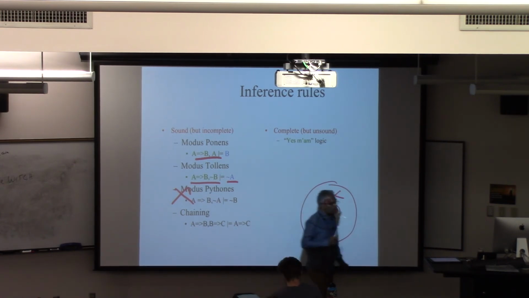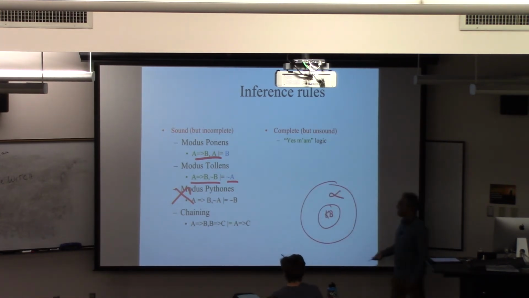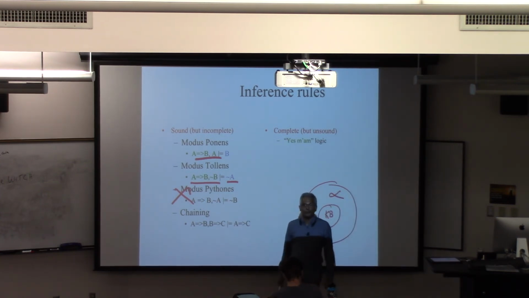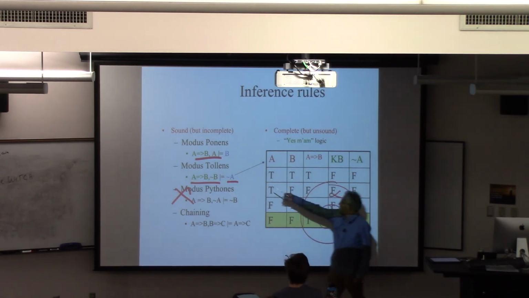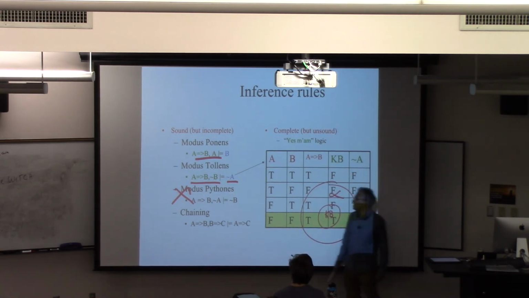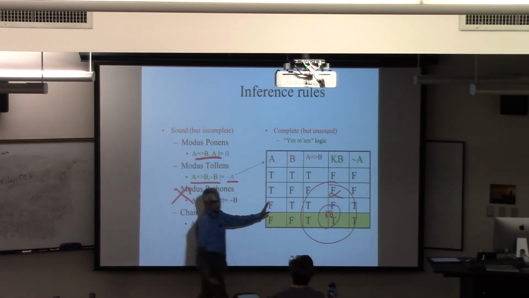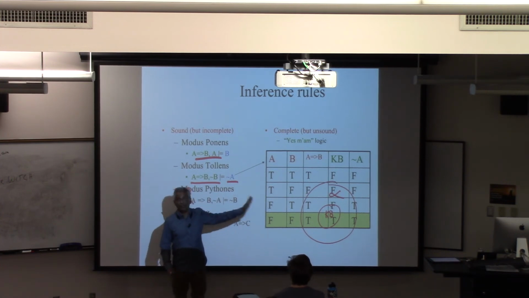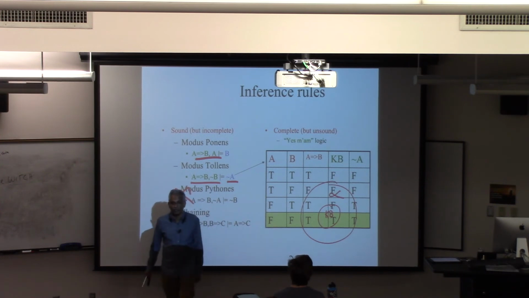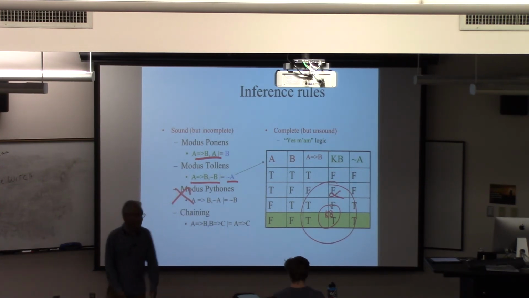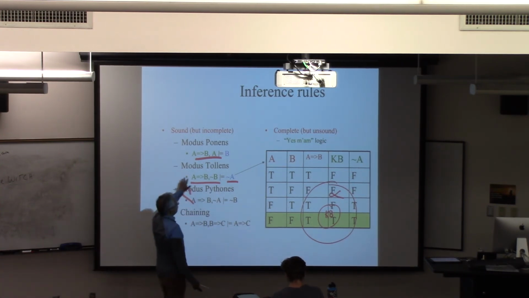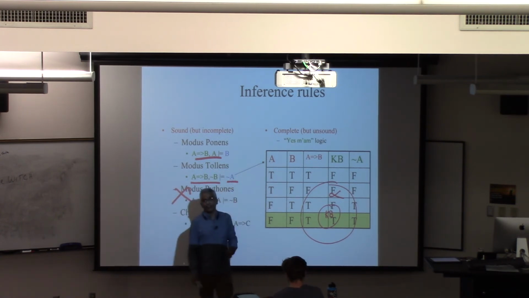By the way, how do you prove this? How do you prove that this is sound or not sound? Let's say modus tollens, which is a nice little thing. And by the way, if I must tell you, this is a homework problem, this is an exam problem, this is the kind of stuff that people check to see whether you understood these concepts. So for example, how do I prove modus tollens is sound?